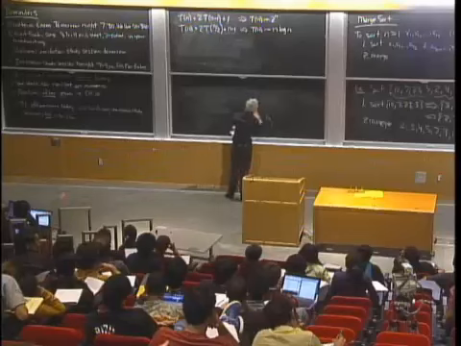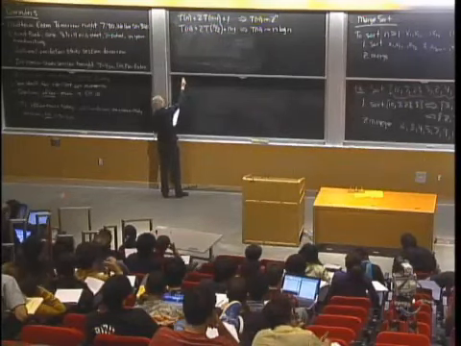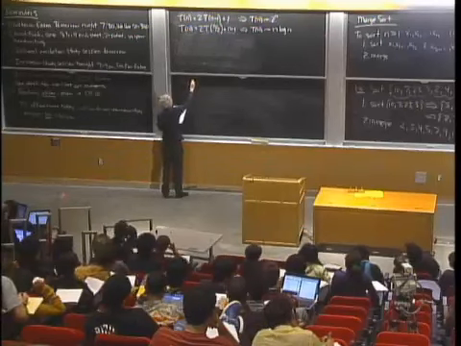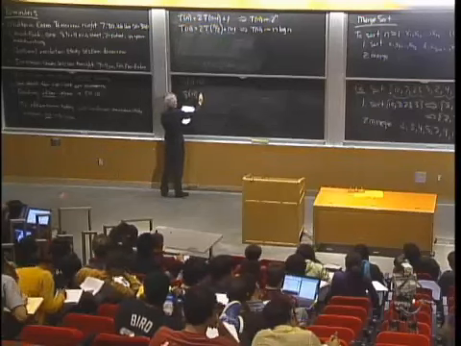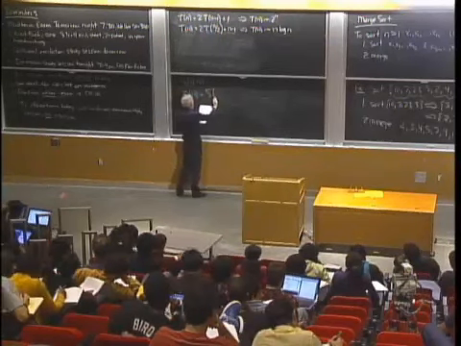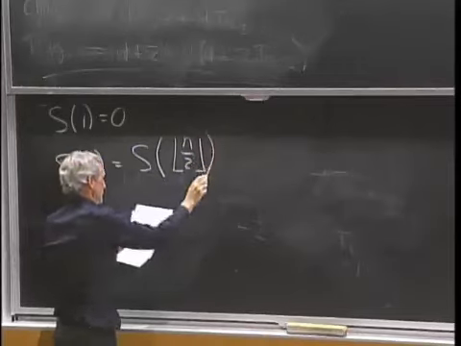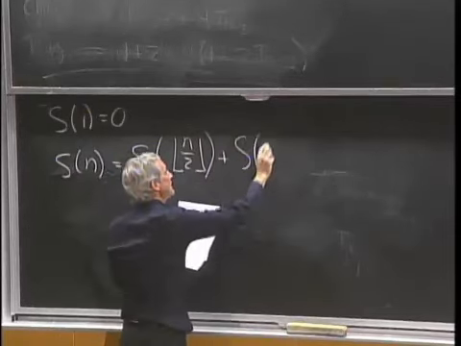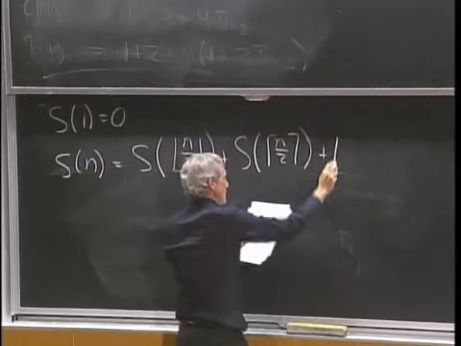I'm going to get a little messier, because that often happens in reality. And I'm going to define s of 1 is 0. S of n is s of the floor function of n over 2 plus s of the ceiling function of n over 2 plus 1.